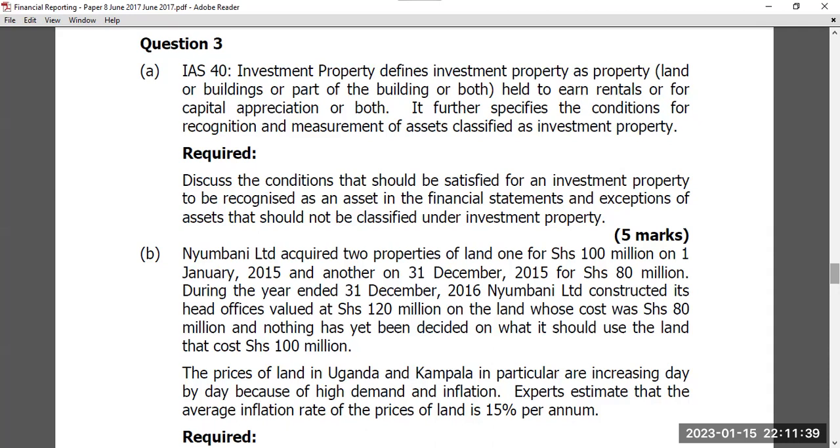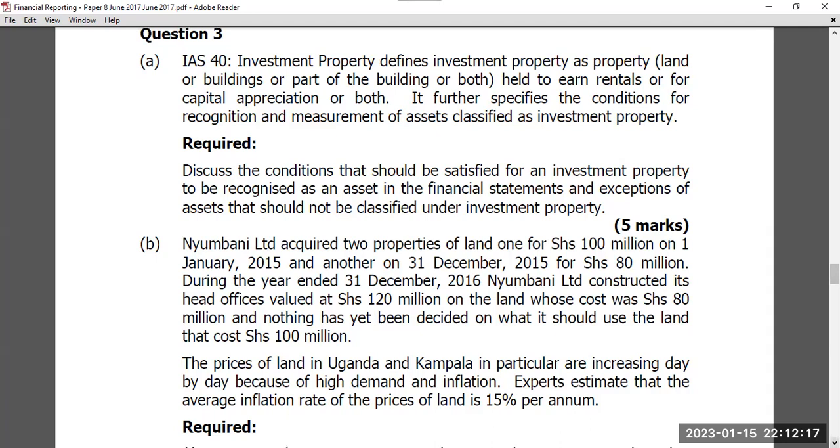That is mostly the key item where you can determine that this asset is going to be accounted for under this standard, depending on what the asset has been put to. Then you can understand how you're going to account for that asset depending on its use or purpose. That's basically what we can talk about.